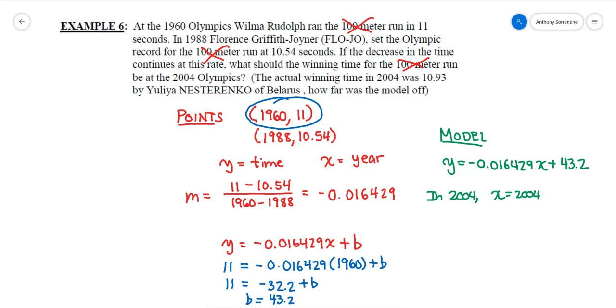So here I'm going to have y equals negative 0.01649 times 2004, and I would get y equals 10.28 seconds.